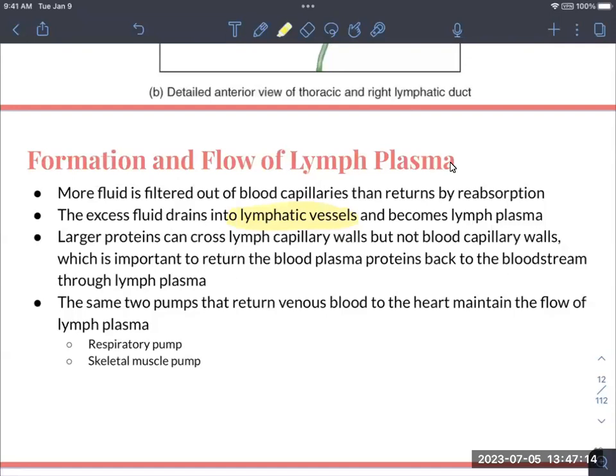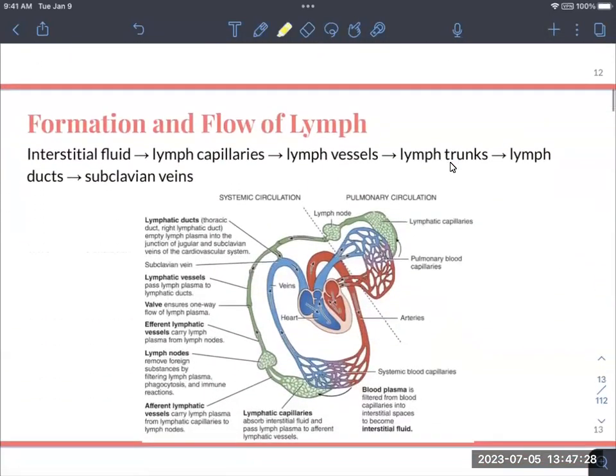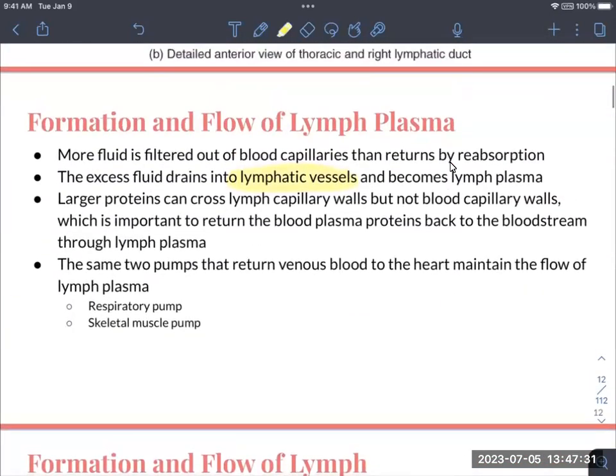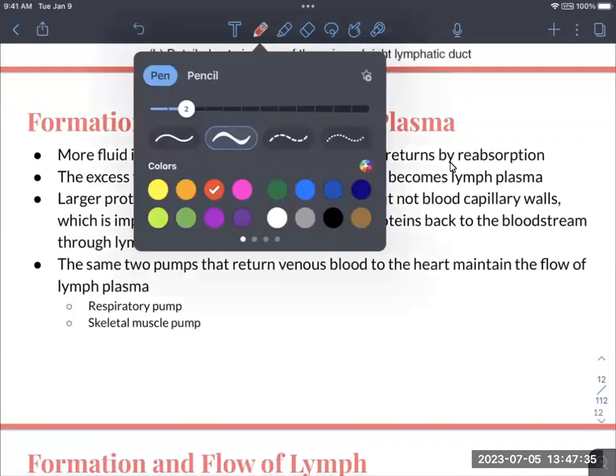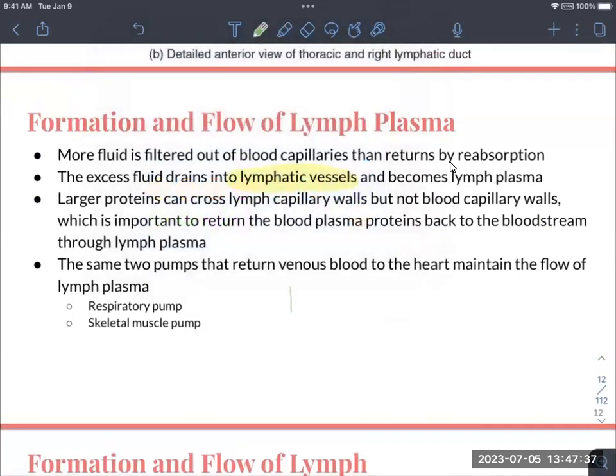The same way we use those respiratory pumps and those skeletal muscle pumps that we talked about in the blood vessels, the lymphatic system works the same way. Lymphatic vessels also contain valves.